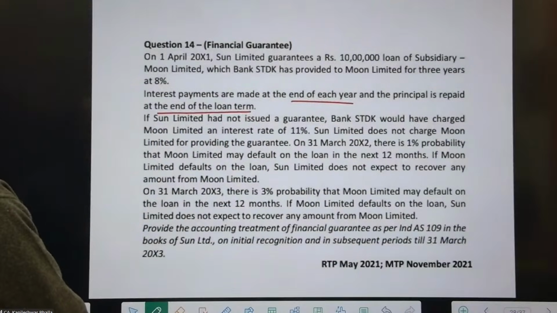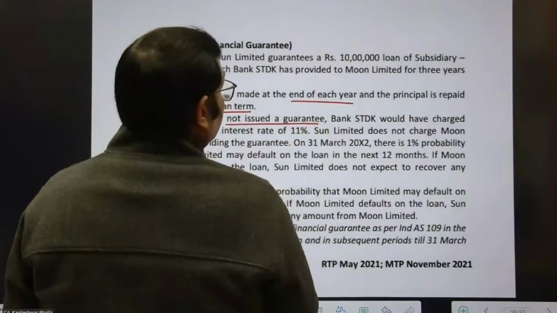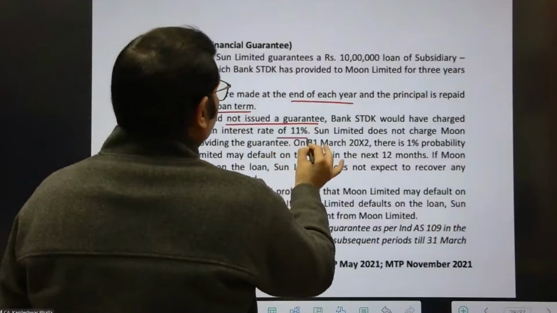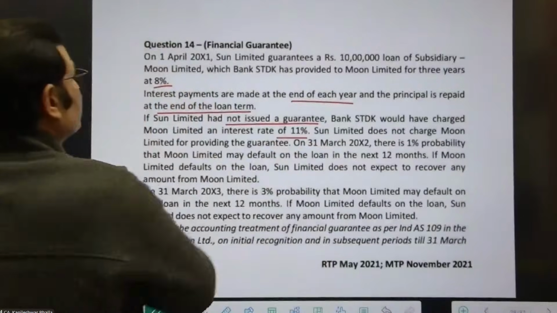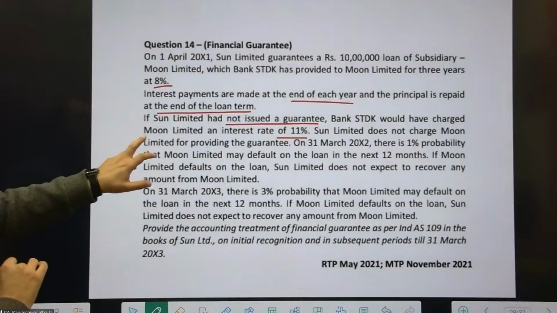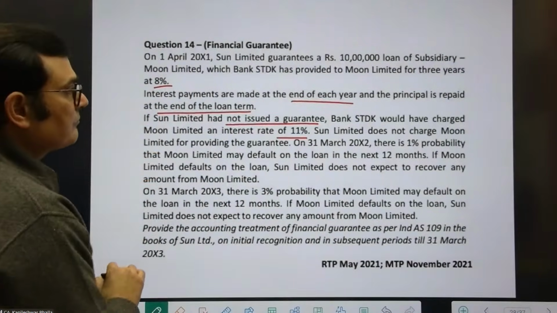Bullet payment. If Sun had not issued a guarantee, the bank would have charged Moon an interest rate of 11%. So right now the interest is 8% with a guarantee, and had the guarantee not been given, the interest rate would have been 11%.